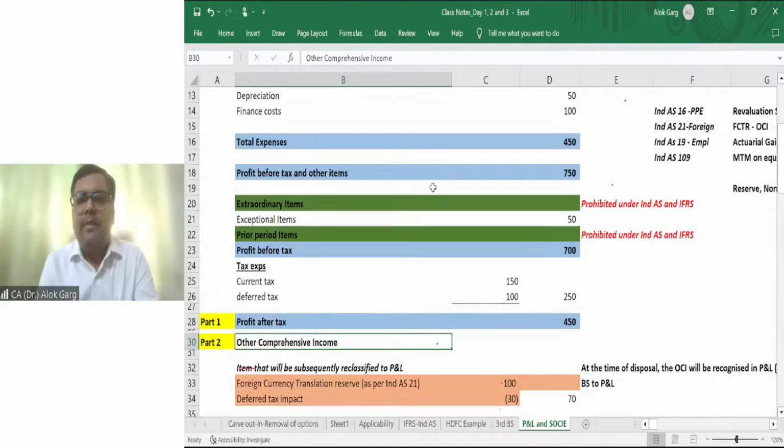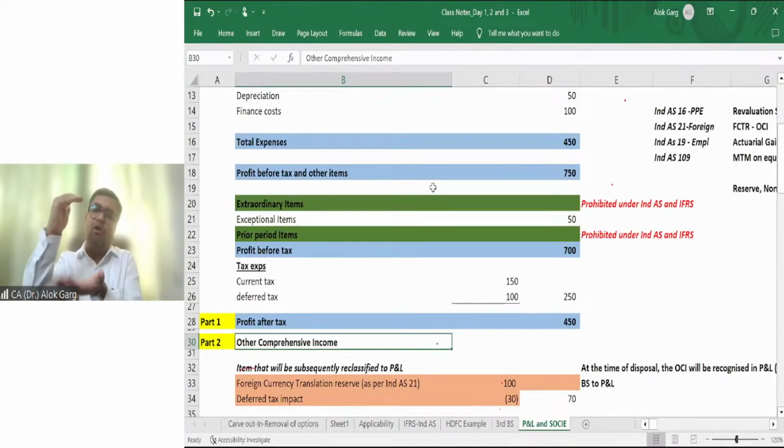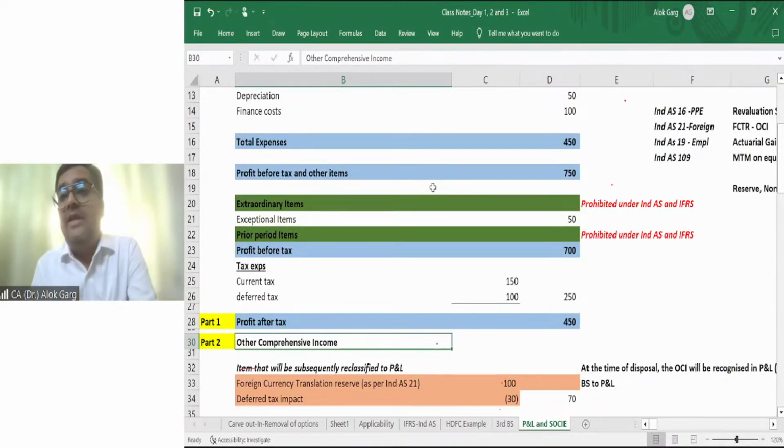Number 2, rule-based guidance is given in other comprehensive income, which includes 9 items. So friends, there is a fixed list of other comprehensive income items. There are around 9 items in other comprehensive income. Friends, there is very limited guidance on other comprehensive income, but with my experience, let me tell you, other comprehensive income is like a reserve category in nature.